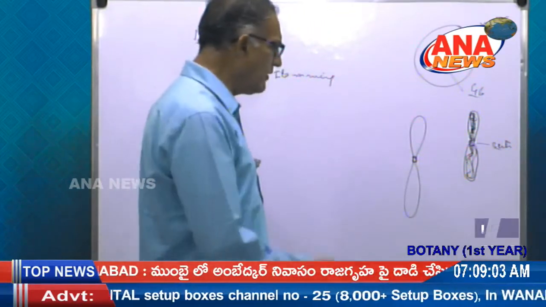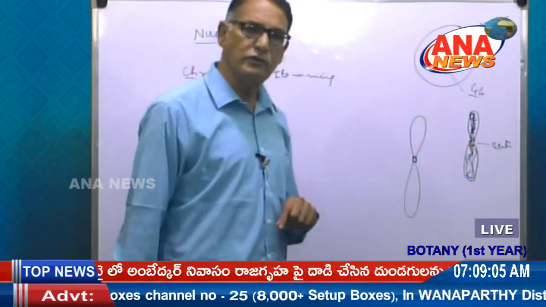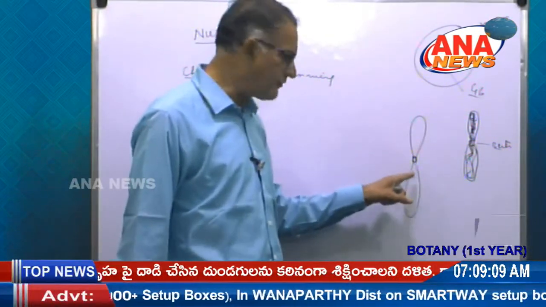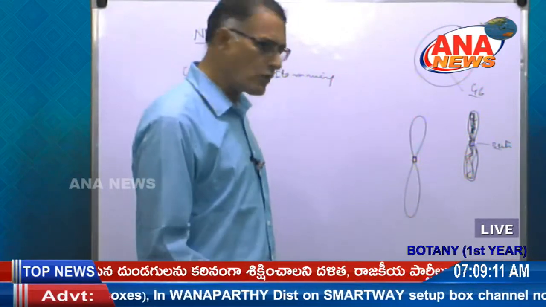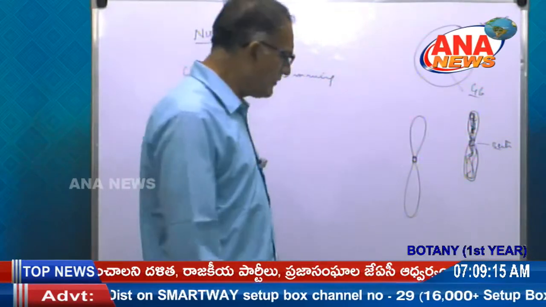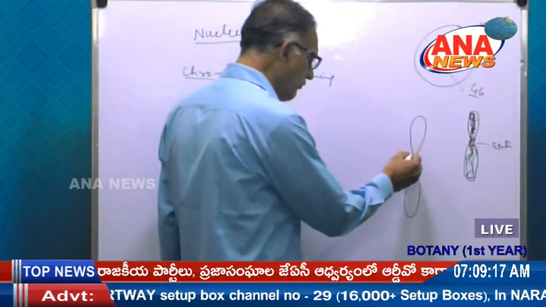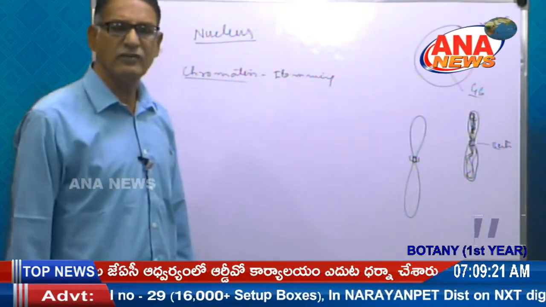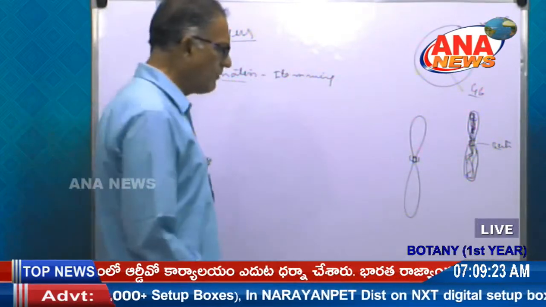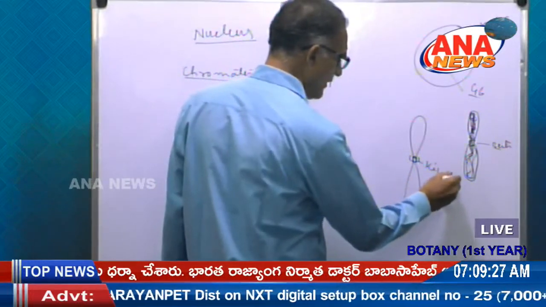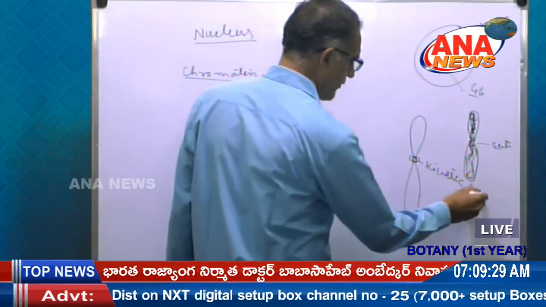The chromosome has two chromatids, two arms on either side of the centromere, bound together at the centromere. The centromere is enveloped with a proteinaceous core, proteinaceous plates, called the kinetochore.